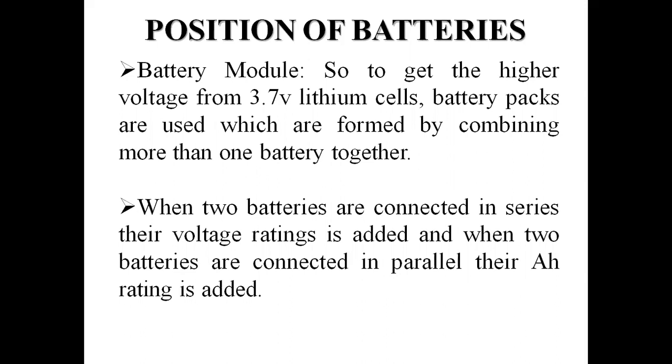If each is 3.7 volts, let us round it to 4 volts, and you have 5,000 batteries, you are actually producing 20,000 volts, placed in series, and the voltage ratings are added.